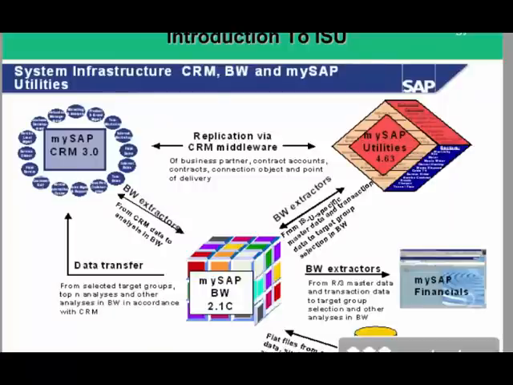This is the system infrastructure showing how data gets exchanged between utilities, business warehouse and CRM. Please go through this. It seems very self-explanatory, how data are exchanged between all these three systems.